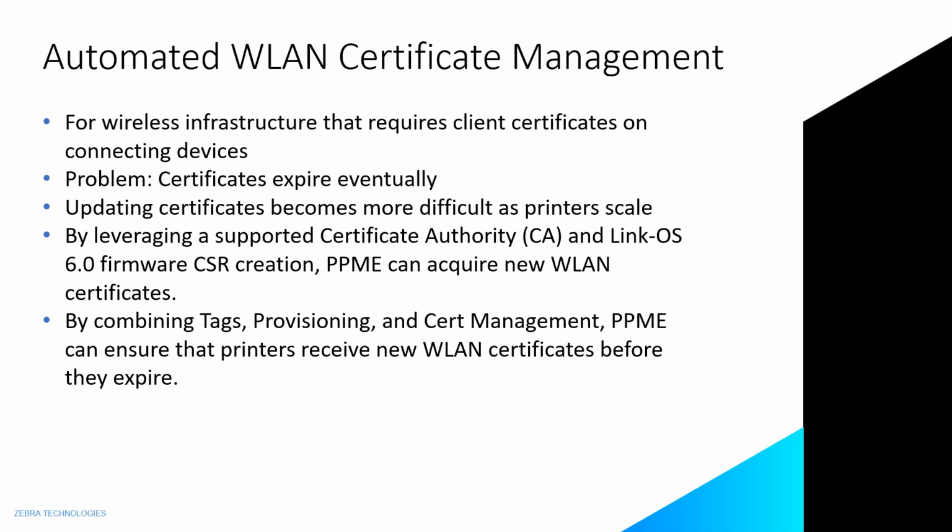And by combining all of the previous features of PPME, like tags and provisioning, we can make sure that as printers' certificate expirations are coming up, PPME can see that and request new certificates from their CA before they expire. And I will demonstrate that as well.